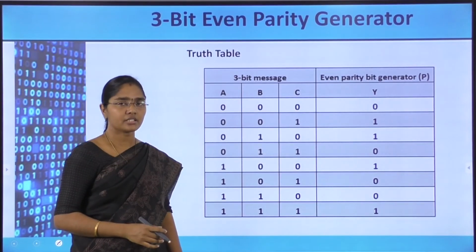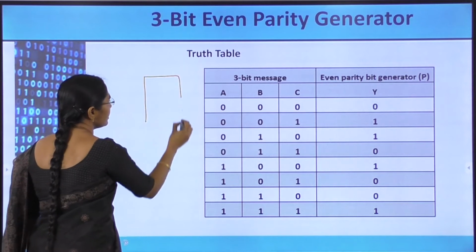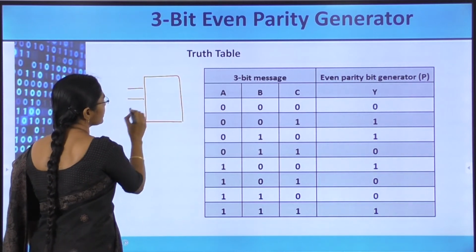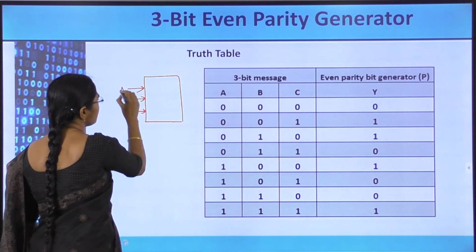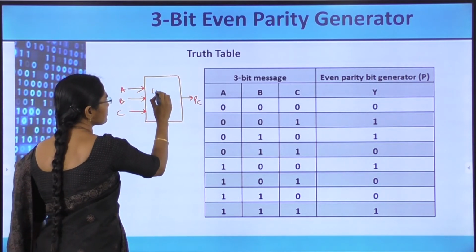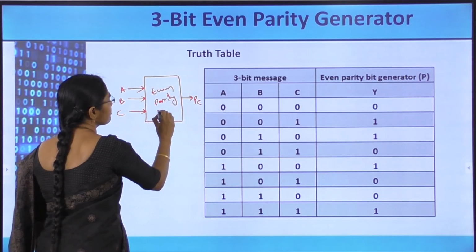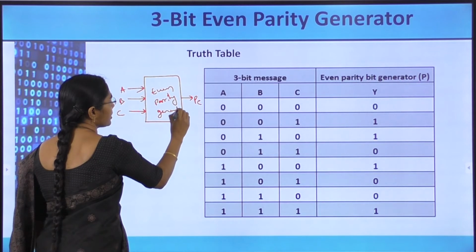Let's see once again the 3-bit even parity generator. First one is the logic symbol. The logic symbol uses 3 inputs A, B, C and 1 output PE, even parity generator. Okay.